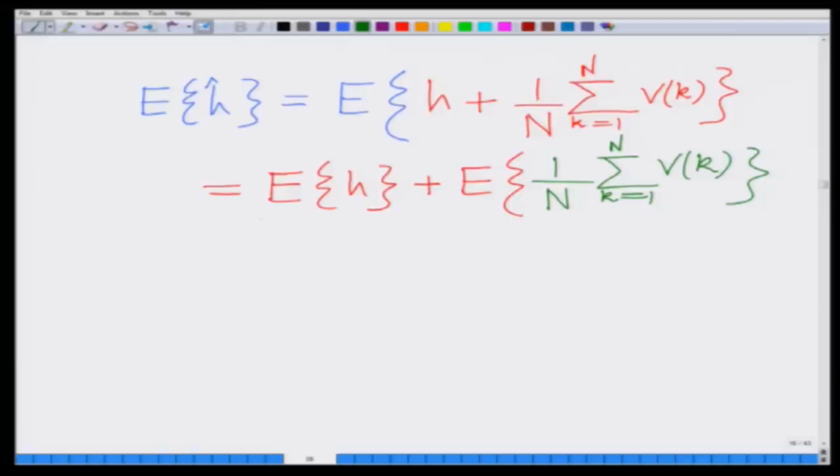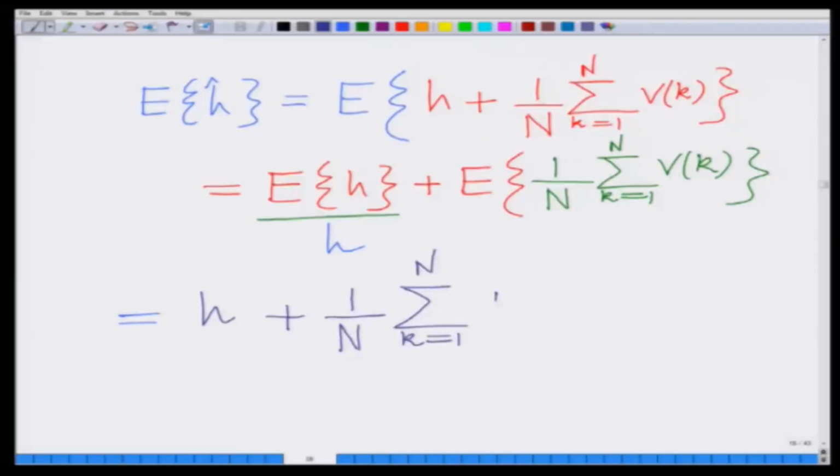Now, look at this, this is a constant. So, expected value of h is basically h. So, this is equal to h plus 1 over n summation k equals 1 to n expected value of each V k.